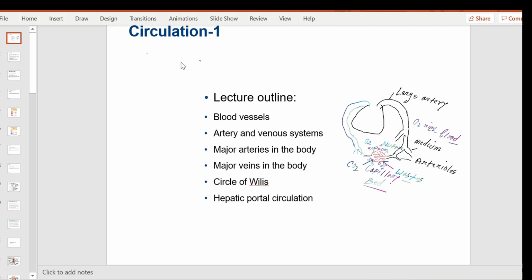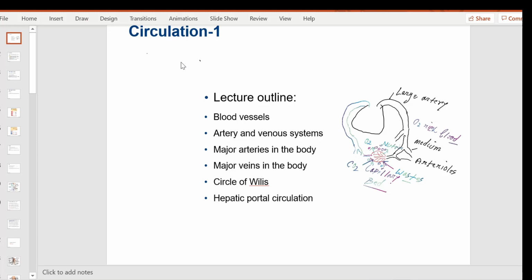So capillaries are for the exchange of chemicals. The chemicals that your tissue needs enter from the capillary blood into the tissue, and the tissue produces carbon dioxide and metabolic wastes. Those are toxic. They will enter into the blood.